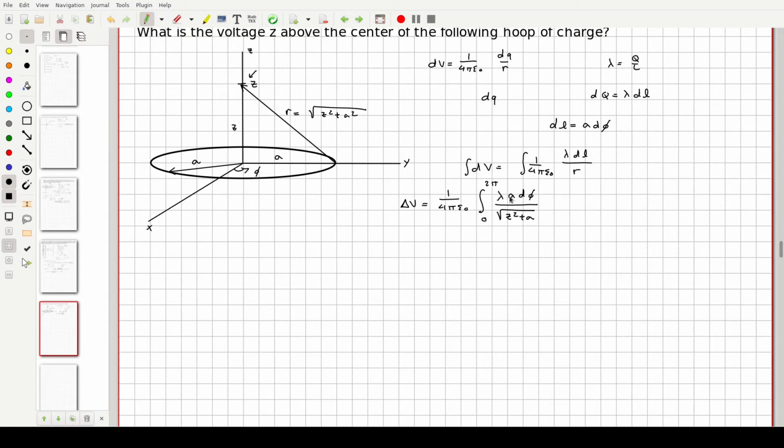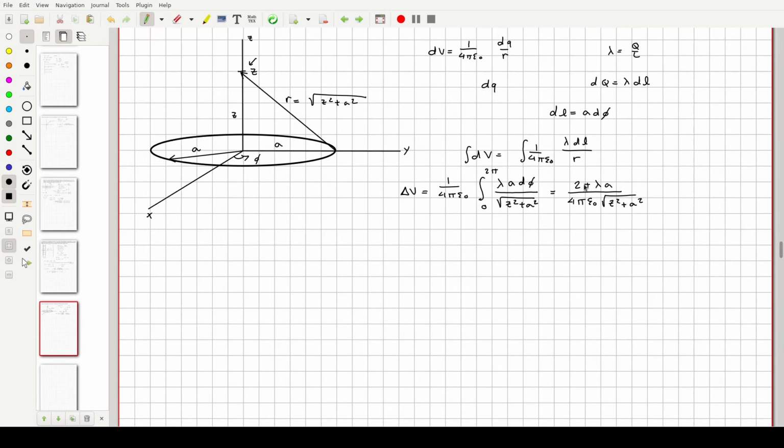All of this is constant except for d phi. When you integrate d phi, you just get 2 pi. So this is going to be the same thing as 2 pi lambda a over 4 pi epsilon naught times the square root of z squared plus a squared. Now, again, the 2 pi cancels out with the pi, and you get a 2 there.